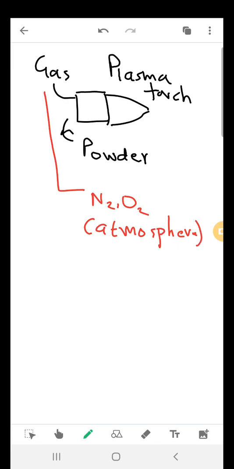So we have a plasma flame generated here. And like other cases, from the nozzle, molten particles are ejected out and they are deposited on a substrate.